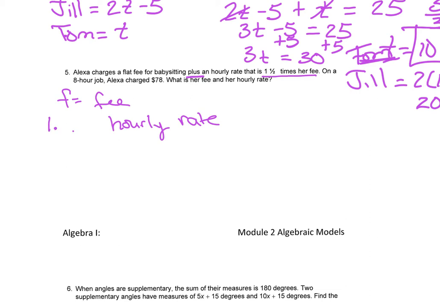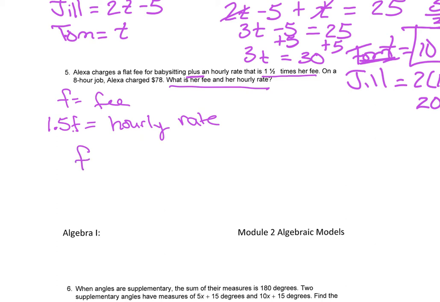So I'm going to do 1.5F. Now we know what her fee is and her hourly rate. Now we need to find her fee and hourly rate by using the information in our problem. On an 8-hour job, she charges $78.